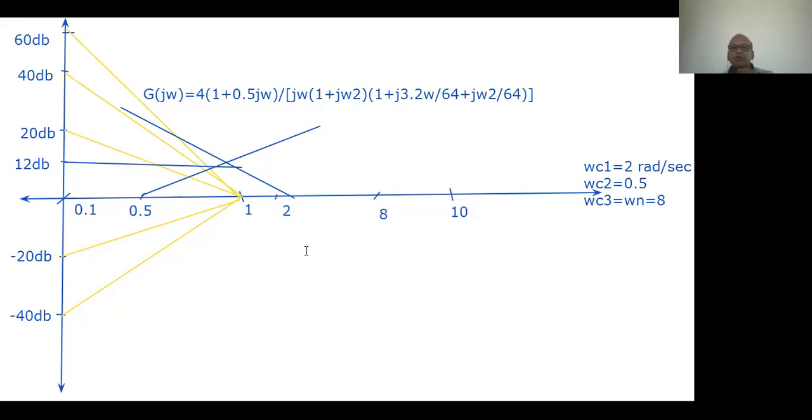That is 0.5, 2, and then 8. At this corner frequency, sorry, corner frequency omega C2 is equal to 0.5.